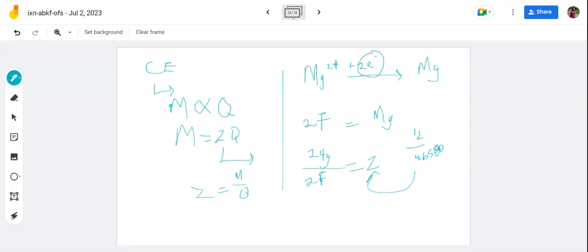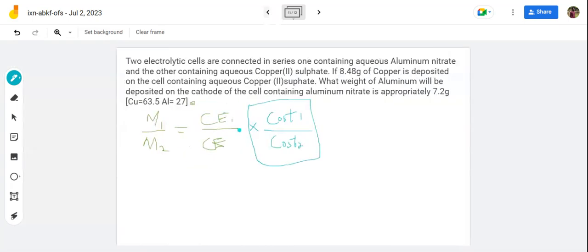That means coming back to this, this CE we have here, you can change it to Z. Let me even do that now. So I can say Z1 over Z2. So that's the logic here.